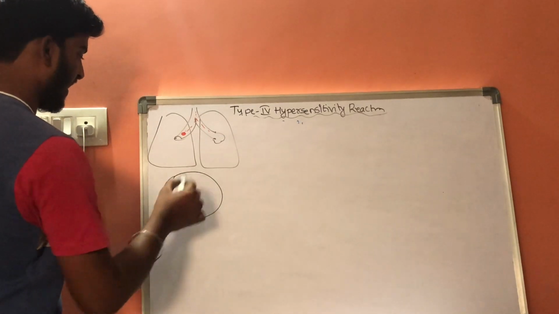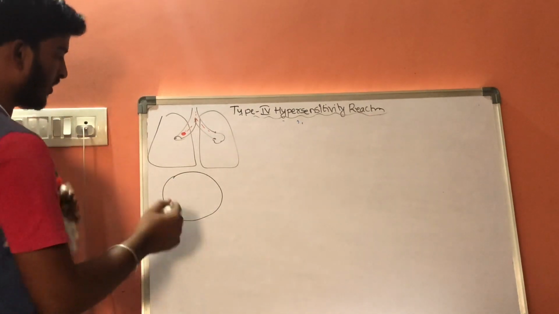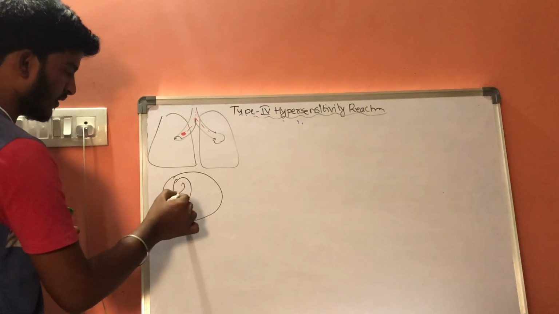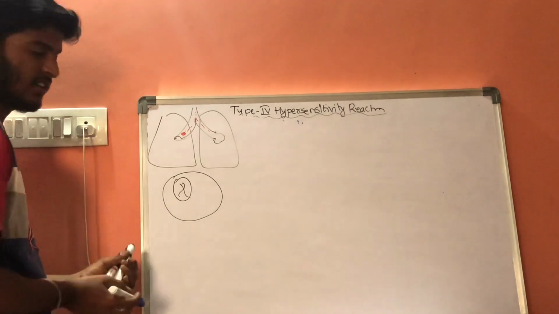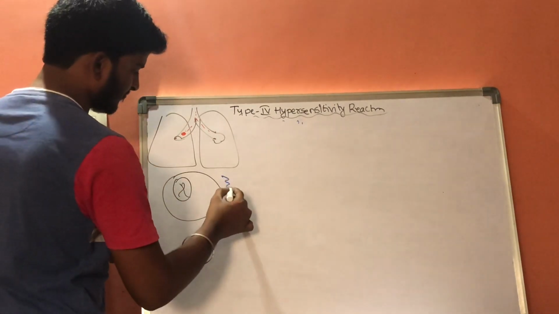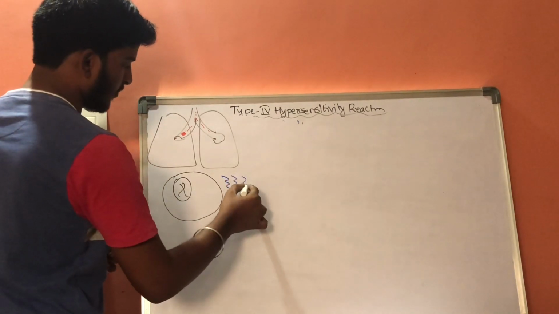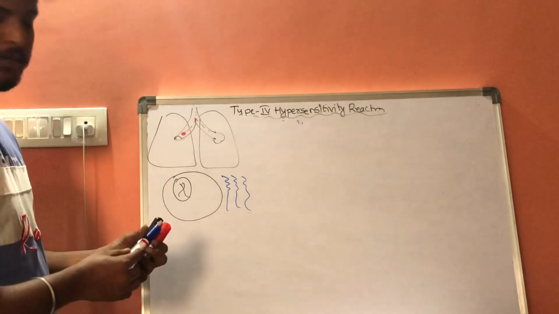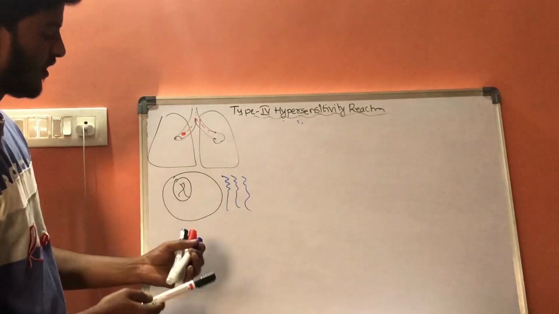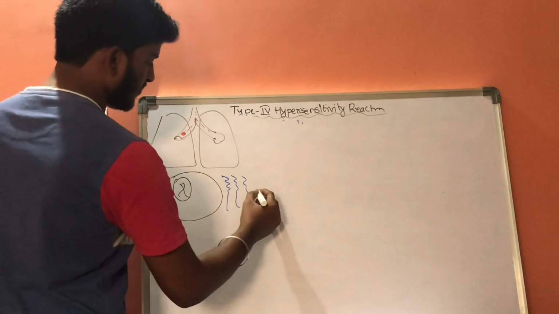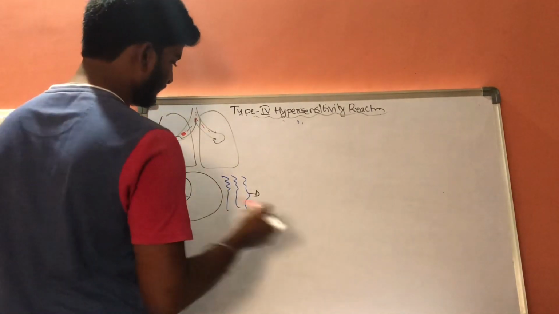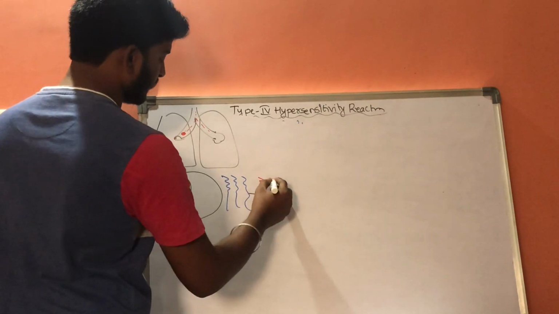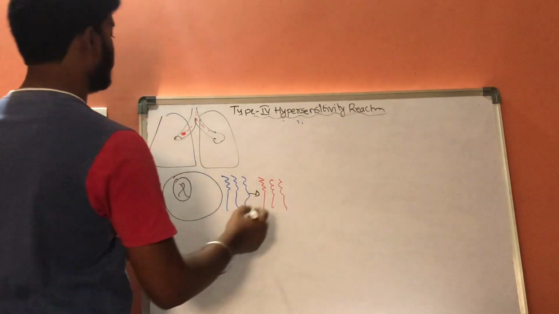It will activate chromosome number 6, where the genetic material is present. It undergoes transcription and translation and forms these red color proteins.